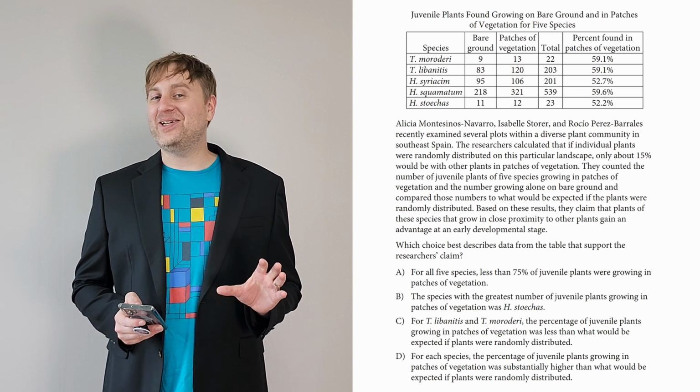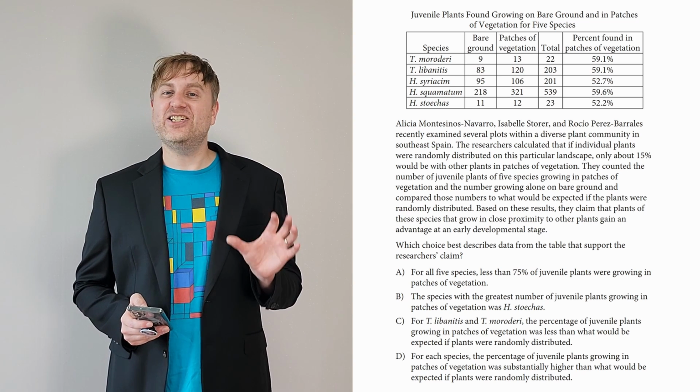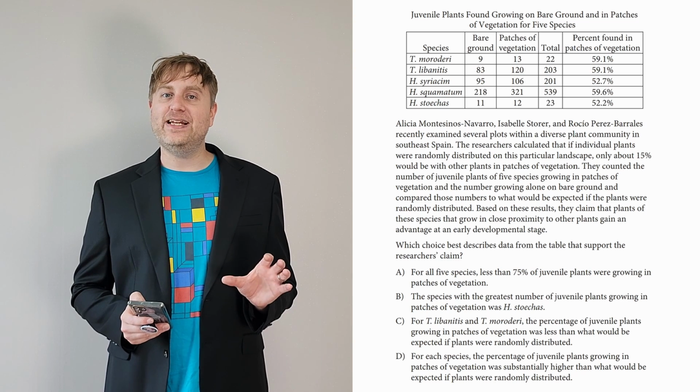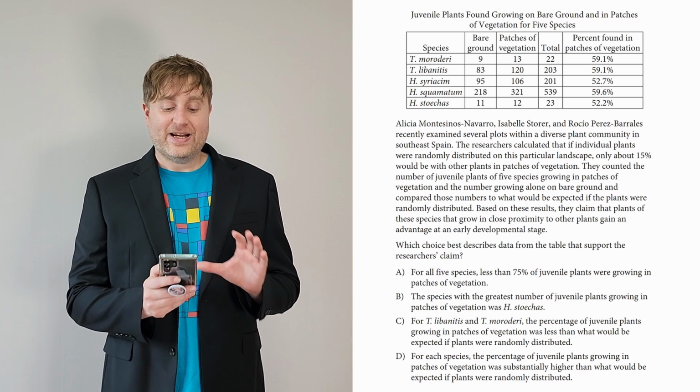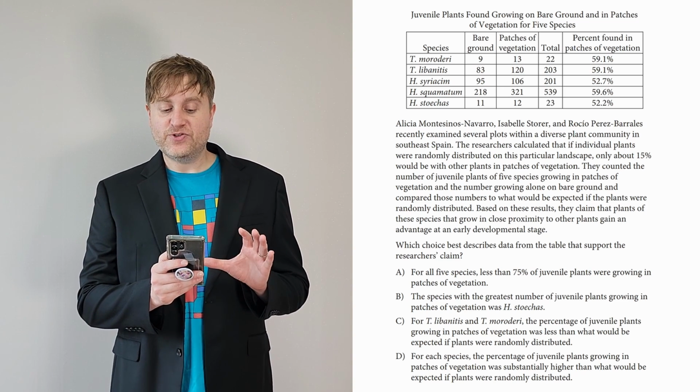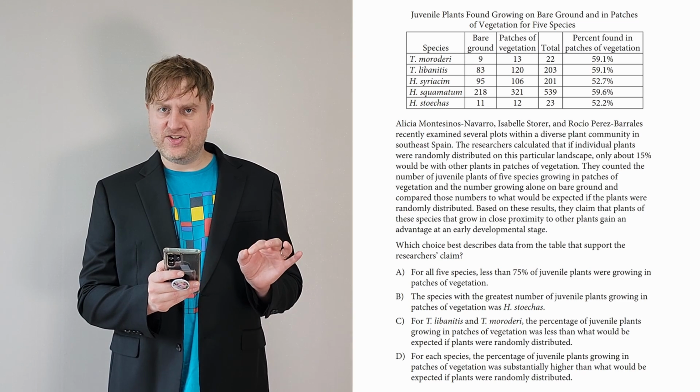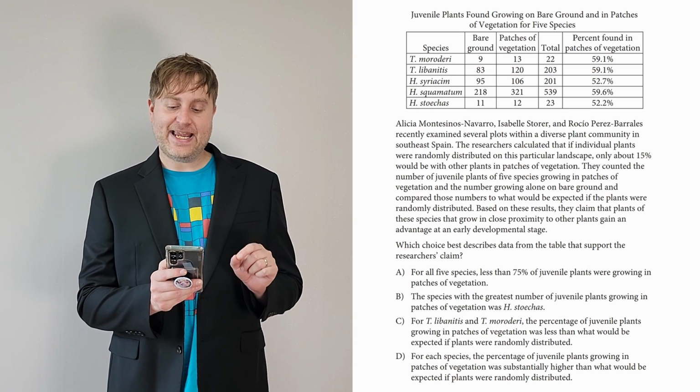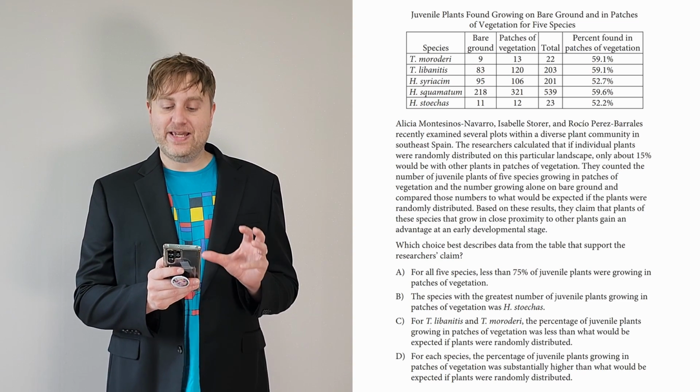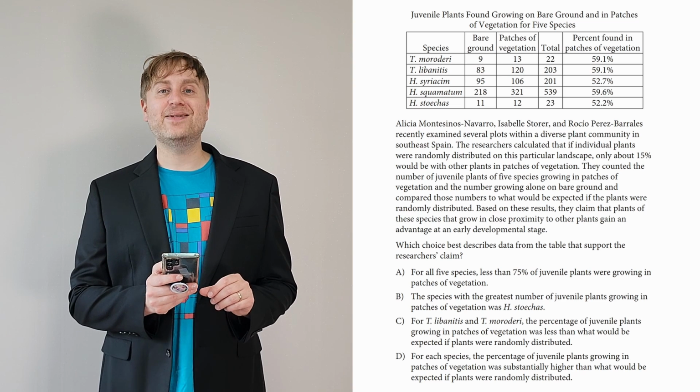Again, we've already crossed off everything else, so D should be the right answer. But let's read it and confirm that suspicion. For each species, the percentage of juvenile plants growing in patches of vegetation was substantially higher than what would be expected if the plants were randomly distributed.